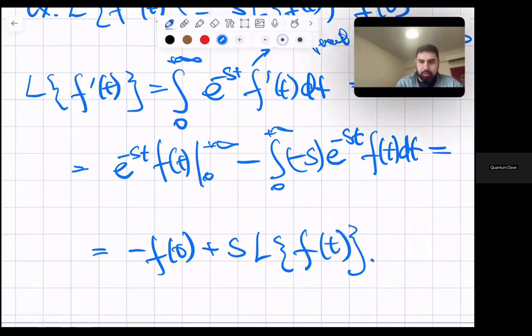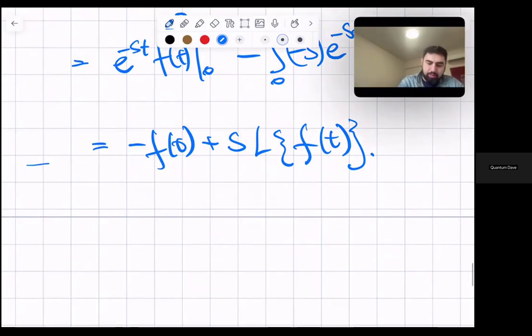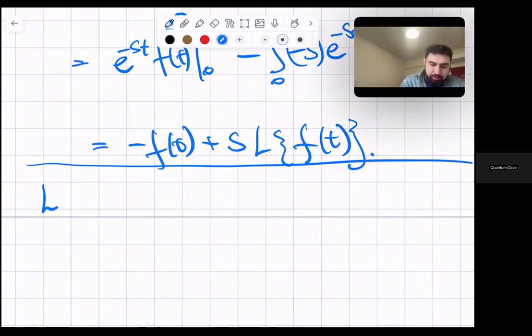Okay, so the first useful result is derived, and the next one follows very fast from this one. So now we want to derive the same kind of formula, but for the second derivative of f.